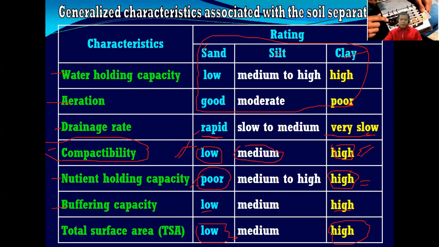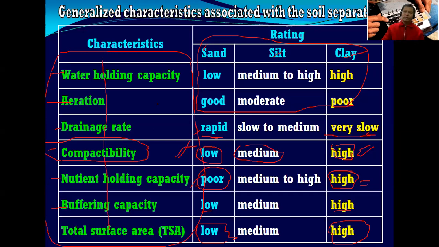And also, this characteristic has an implication doon sa chemical reaction and the biological reaction later on. Okay? So please try to understand that. And please try to know as to what is the application if we have the smaller particles or the bigger particles in terms of these characteristics.